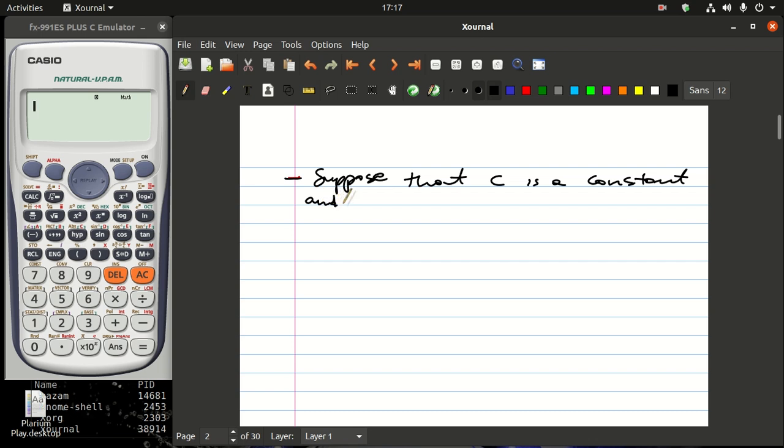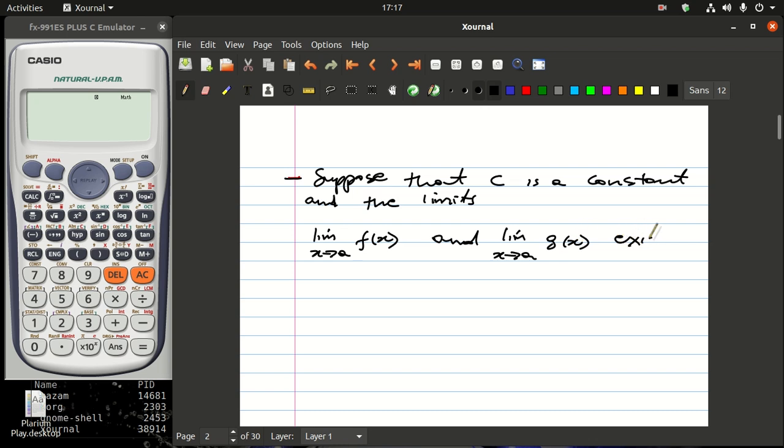And the limits, so these limits here are the limit as x approaches a of f of x, and the limit as x approaches a of g of x exists.